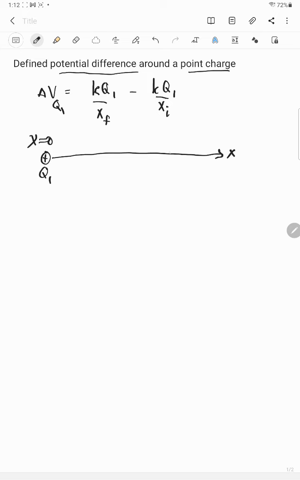But the point is I imagined having, say, an x initial and an x final, like this, and I'm wondering what is the difference in potential associated with Q1's electric field between these two places.